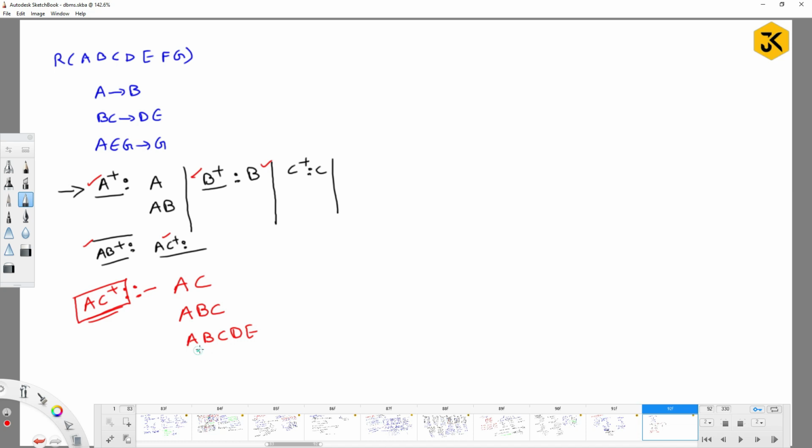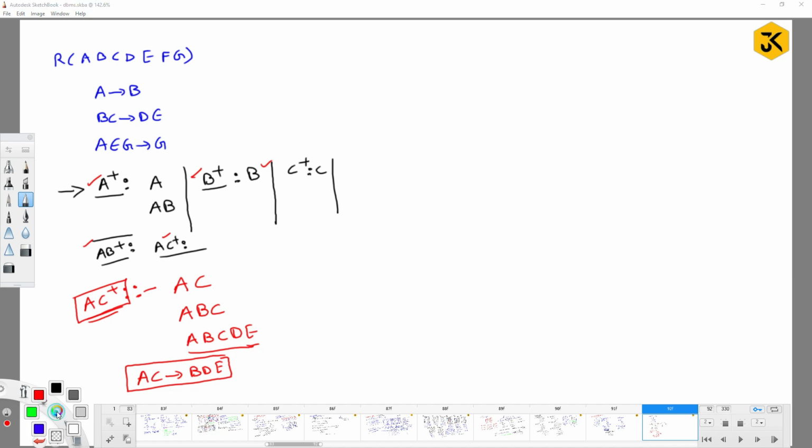If I know AE, can I write G? Are there other extensions possible here? No. This itself is possible. That's it. So, which means that AC can determine B, D, E. What do I mean by this? AC cannot determine G, or AC cannot determine F. That you have to understand, right?